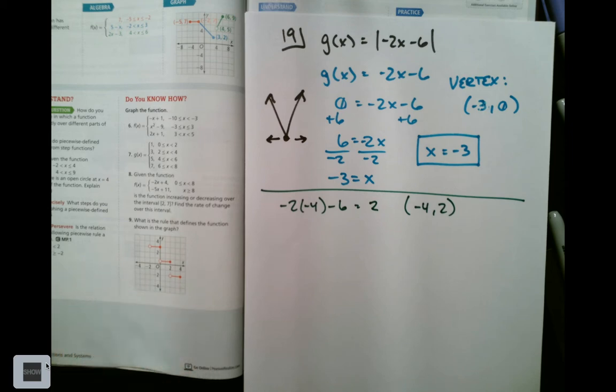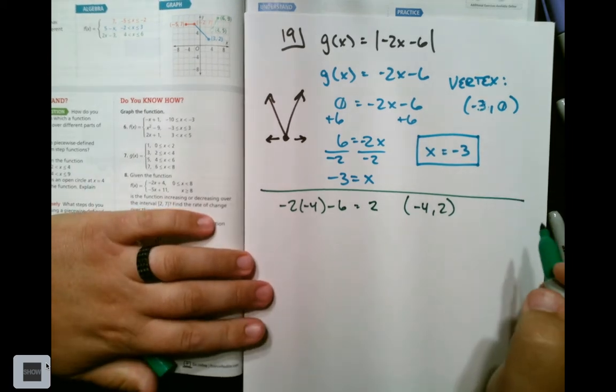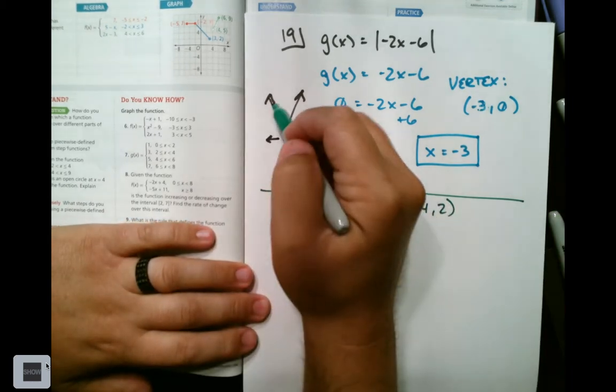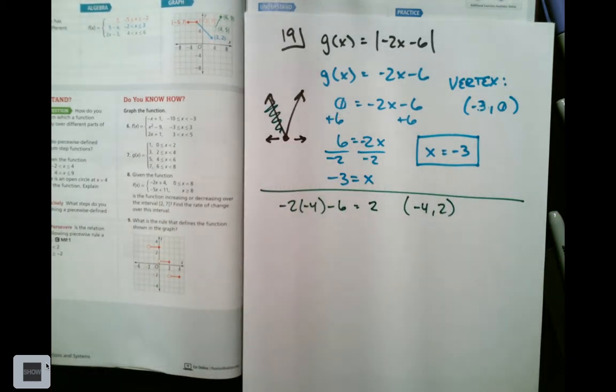All right. So now that I have a point and I have my vertex, I can find the point for the other side. This is the side right here. We'll draw it with green.